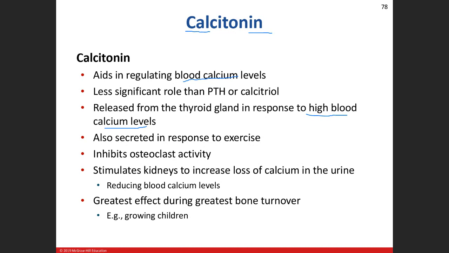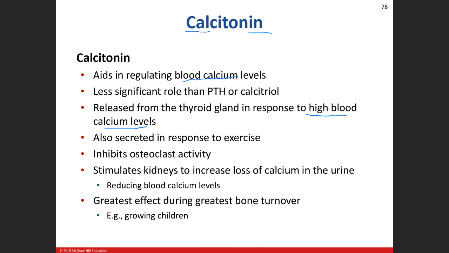You'll see it in small amounts in folks that regularly exercise, especially weight bearing, like a runner, because they're pounding away, causing mechanical stress. So they're increasing that bone remodeling.